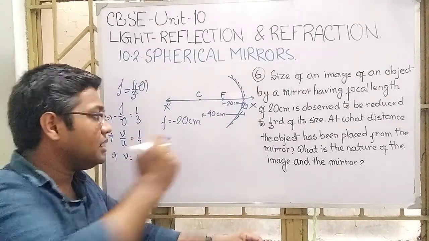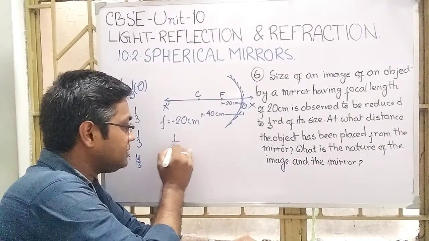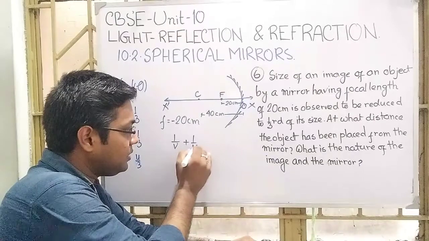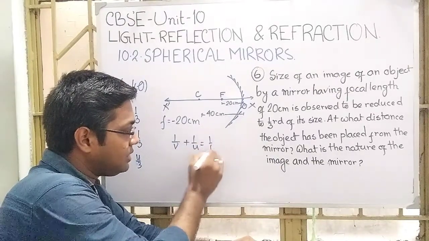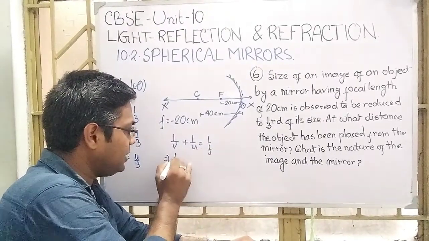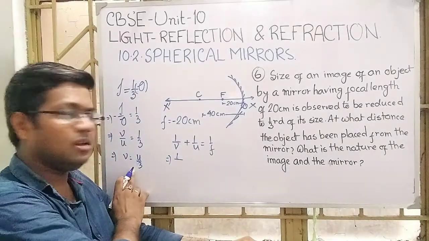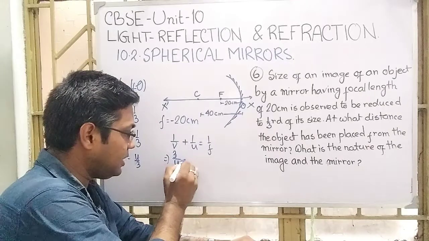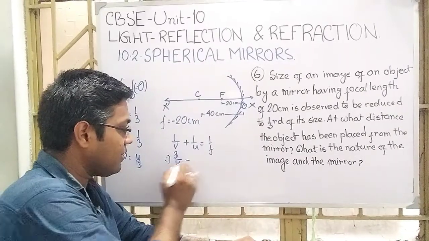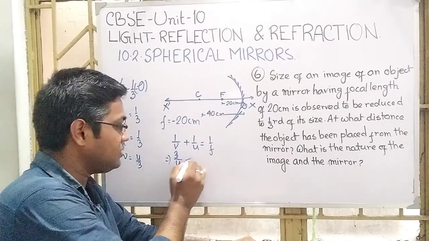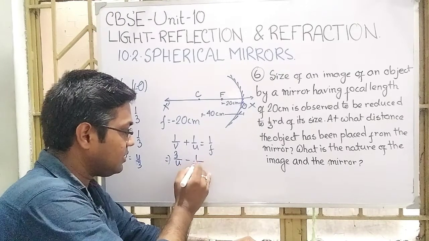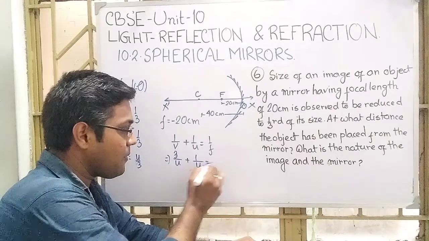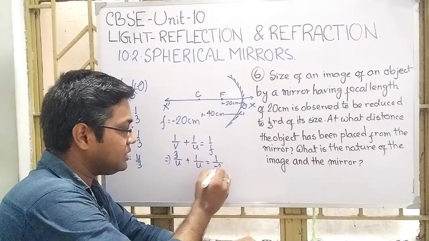Now if I write down the equation of the mirror, 1 by V plus 1 by U equal to 1 by F. V equal to U by 3, so I can write this as 3 by U, and 1 by U, and 1 by F is minus 20.